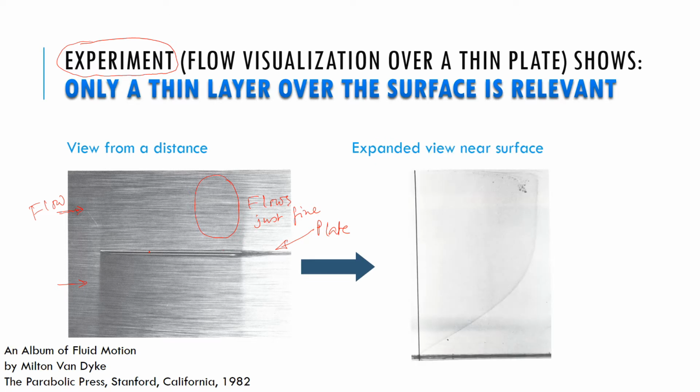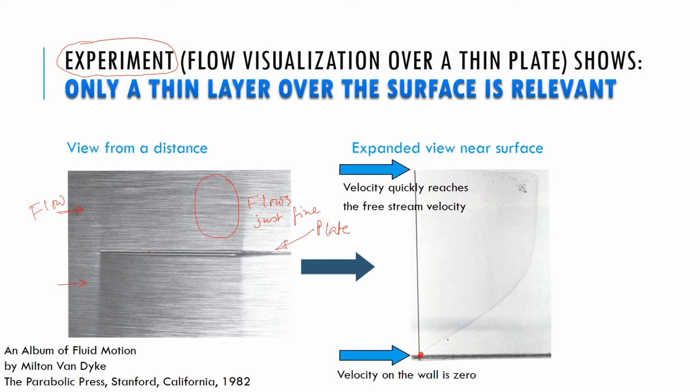In fact, you can see that if you have an expanded view near the surface. So this is an expanded view showing velocity is 0 on the surface, but it quickly reaches the free stream velocity. So this is an expanded view of a region near the surface. So again, this is making the point that only a thin region near the solid surface matters.